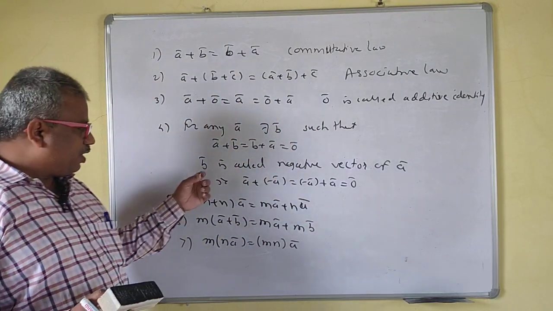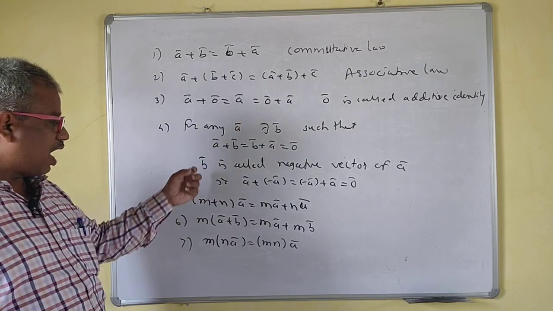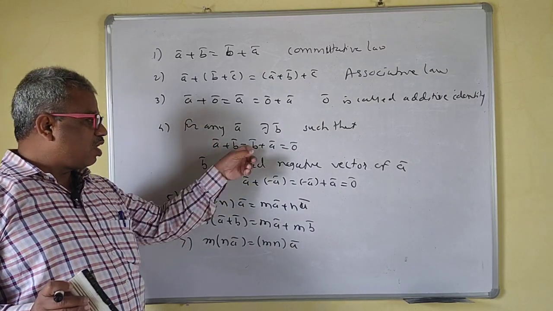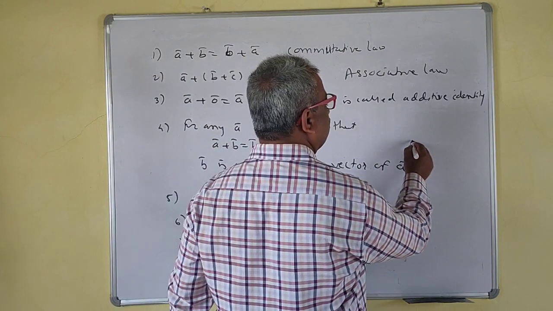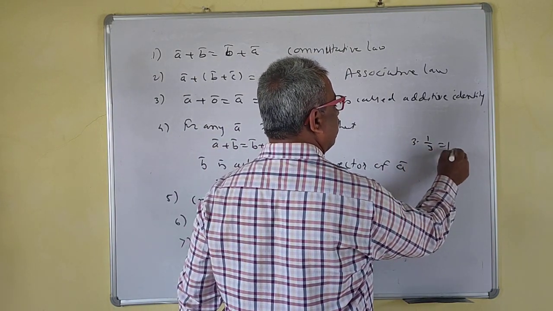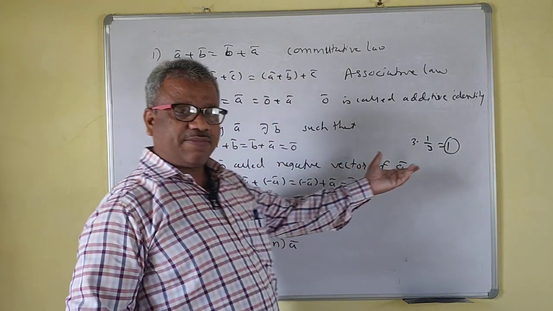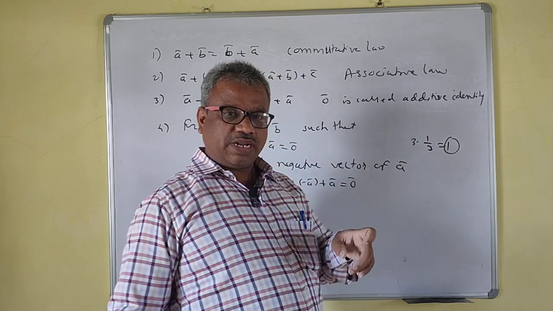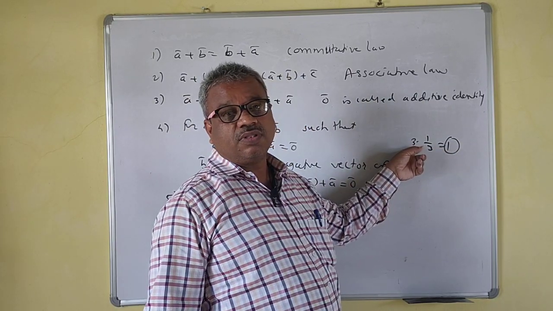So this is what, additive inverse. B bar is also called additive inverse. So B bar is called additive inverse of A bar. Suppose 3 into 1 by 3 is equal to 1. So 1 is the multiplicative identity. If you multiply by 1, we get the same number as it is, right? Now here 1 by 3 is the multiplicative inverse of 3.